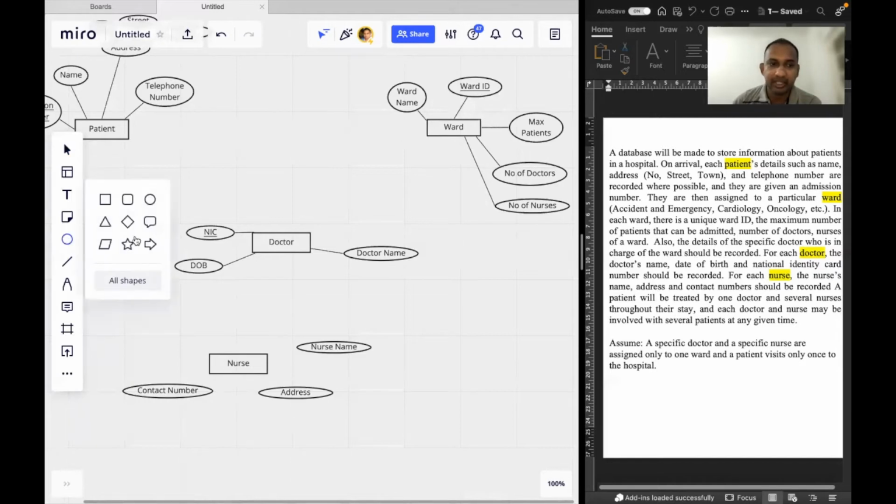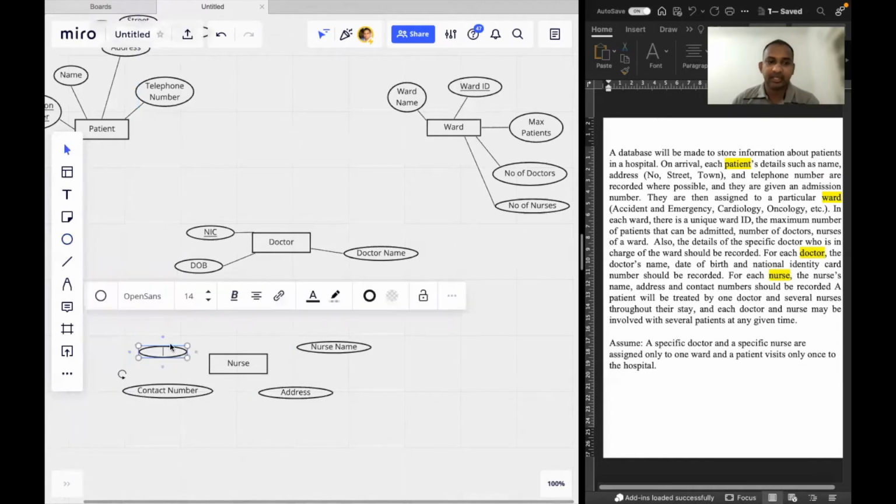Therefore, I will draw another one. You can put the primary key as a nurse ID for unique identification. And so this is the primary key now, then you have to underline that one.